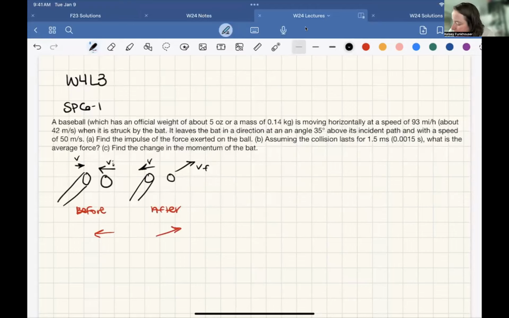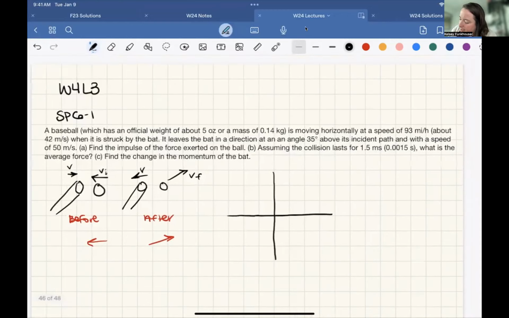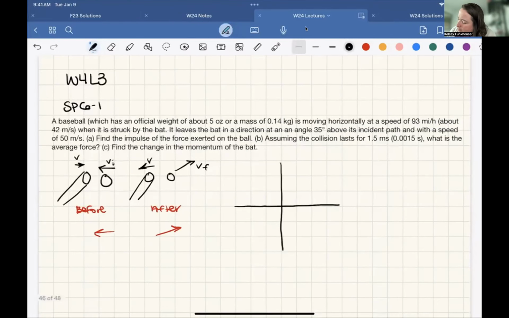So we're going to draw those momentum vectors, especially because this part of the problem where it says the ball leaves the bat in a direction at an angle of 35 degrees above its incident path, that is not entirely clear what that means, but I will show you.